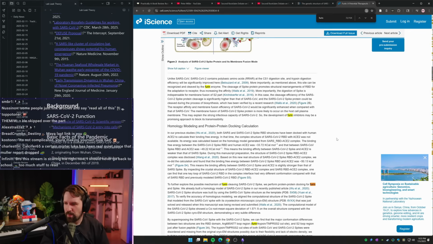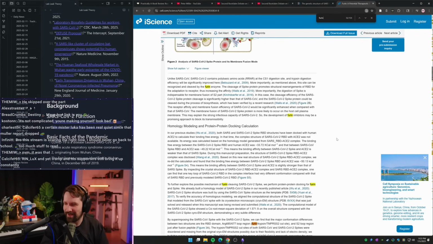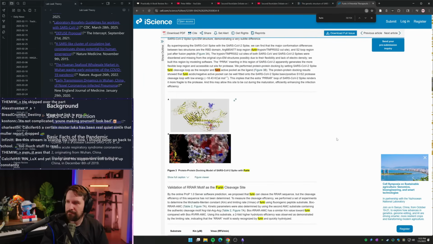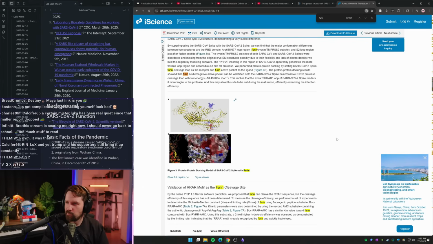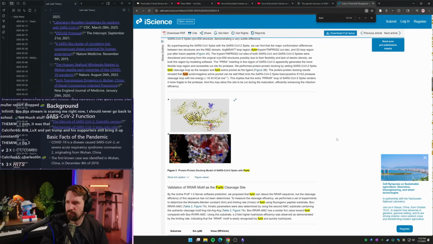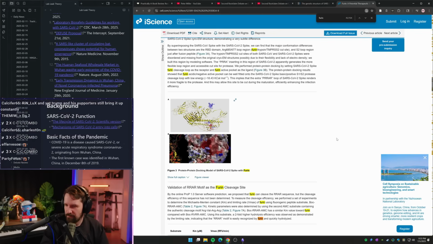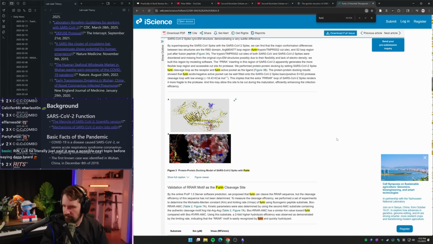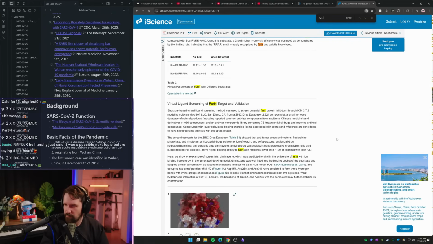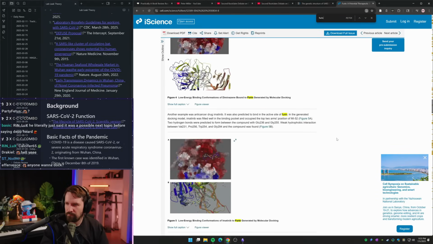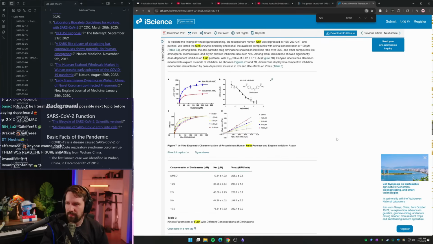To further explore the possible mechanisms of furin cleaving SARS-CoV-2 spike, we perform protein-protein docking. Hell yeah! Woo yeah! Okay, thank you.